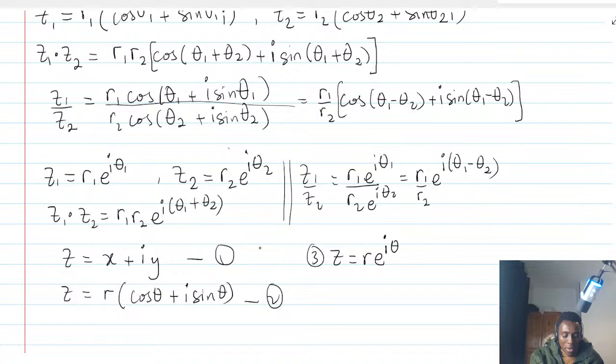So all these three are the same, but it depends on what you are doing.